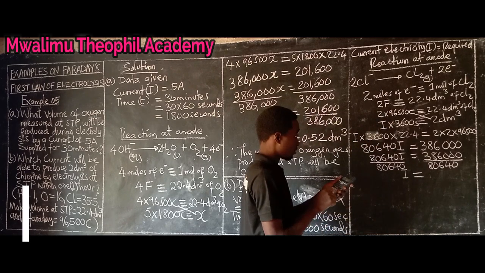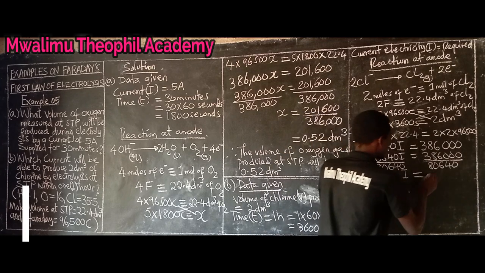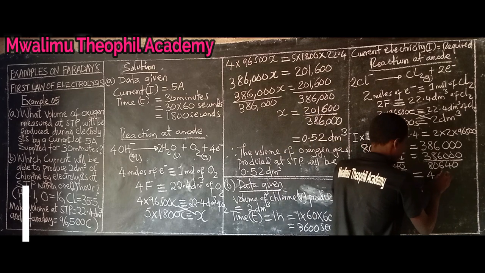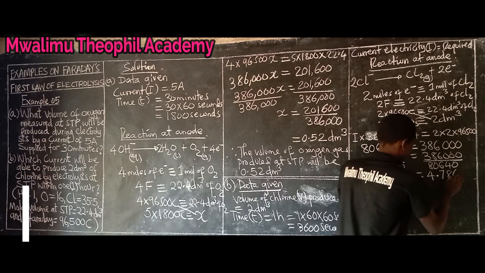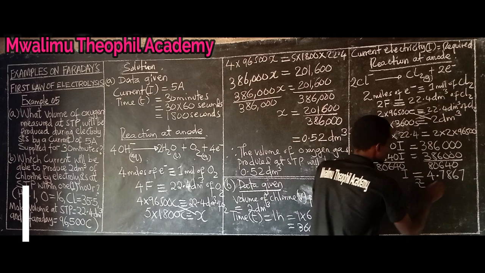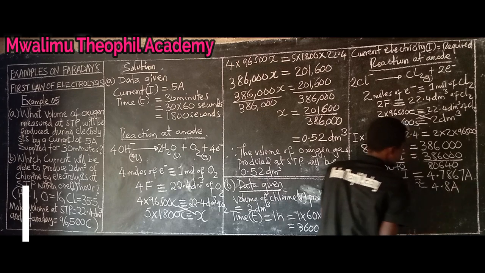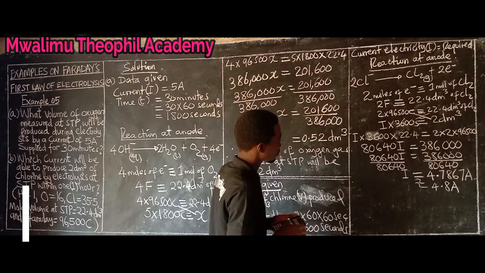We get 4.7867 ampere, which is approximately 4.8 ampere. This will be the current.